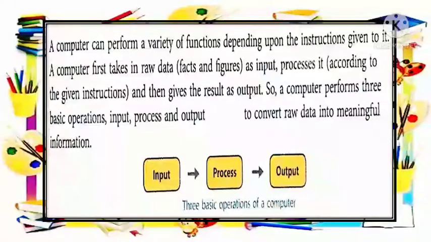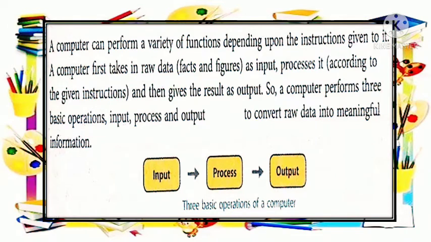Means a computer first takes in raw data, for example facts and figures as input, then processes it, then according to the given instructions it gives us the desired result or output. So a computer performs three basic operations.